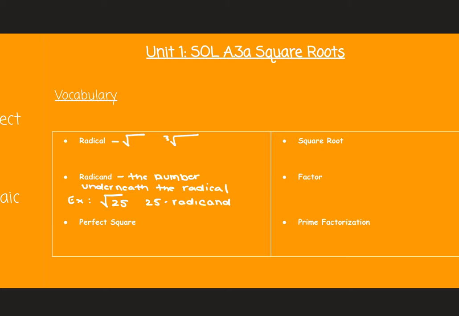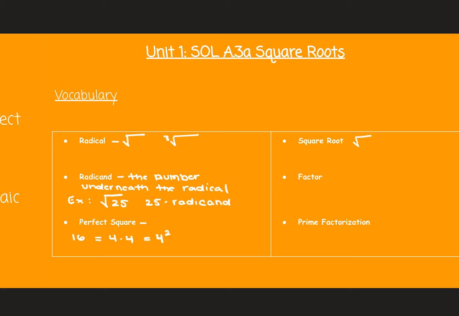So your perfect square, all right? Remember, your perfect squares are when you square a number. So for example, we know that 16 is a perfect square because we multiply 4 times 4. When we square 4, we get 16. Then we can look at the square root as an example.